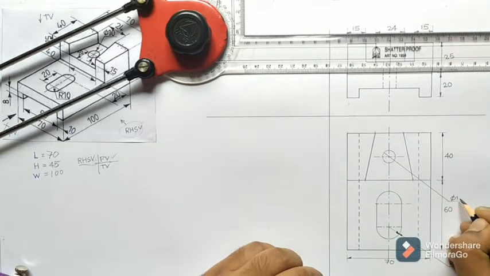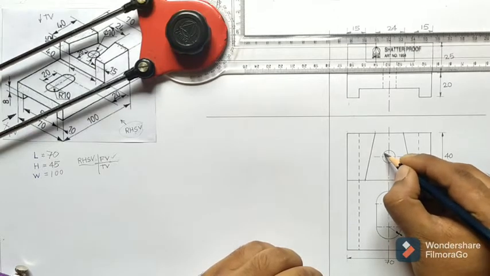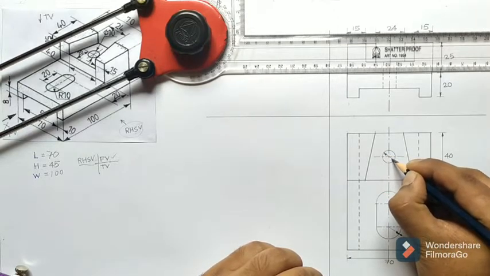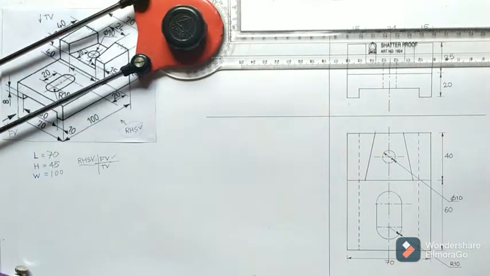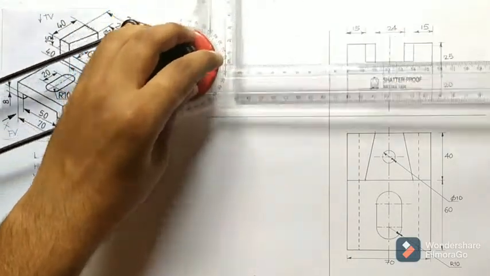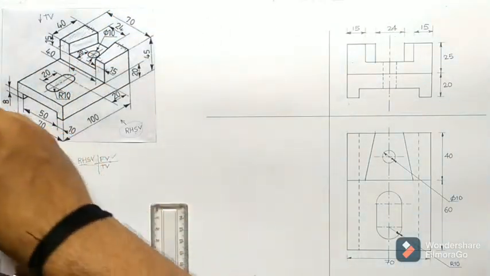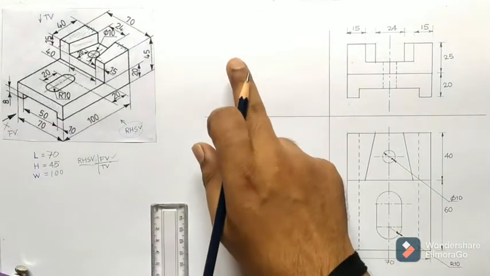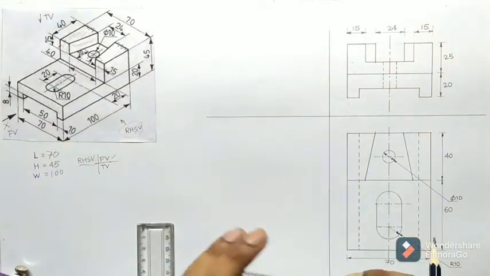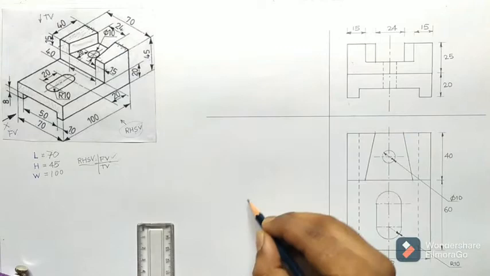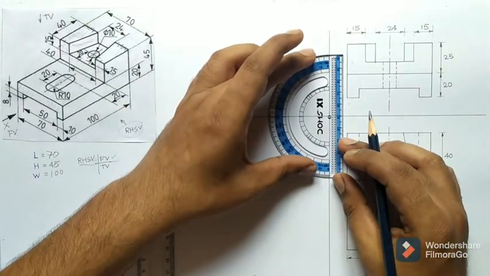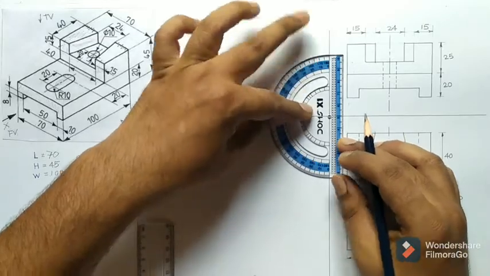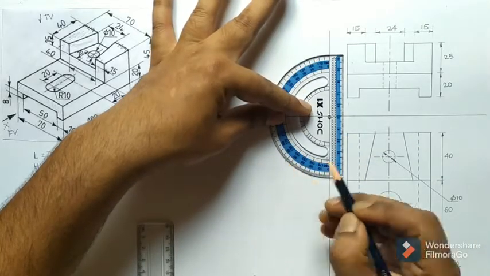And diameter is of 10 mm. Right. Now to obtain the right hand side view, I have to mark here a 45-degree line. So from this point I need to mark a 45-degree line.